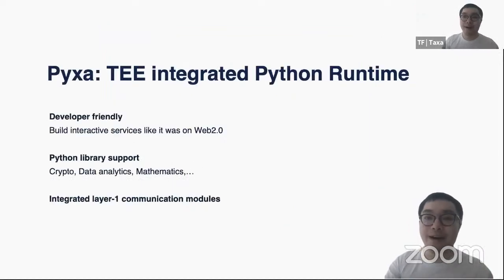And let's talk about the development environment inside the enclave. So as I said, we implement Taxa, which is Python plus Taxa, and the user can develop just like building Web 2.0 applications, with rich library support. Also, we migrated additional blockchain cryptography related protocols into it.